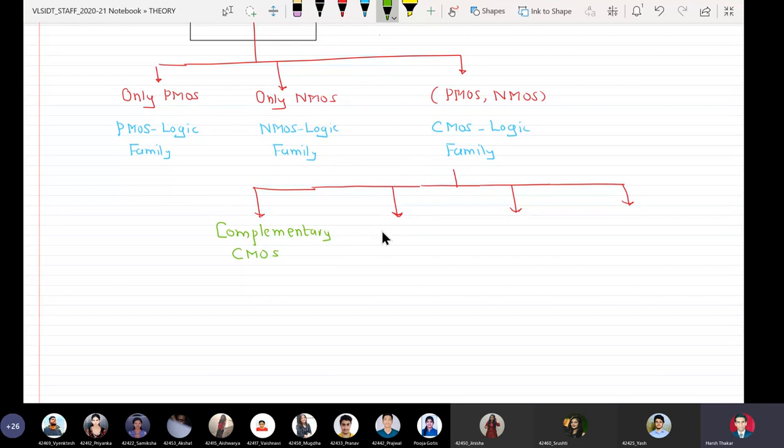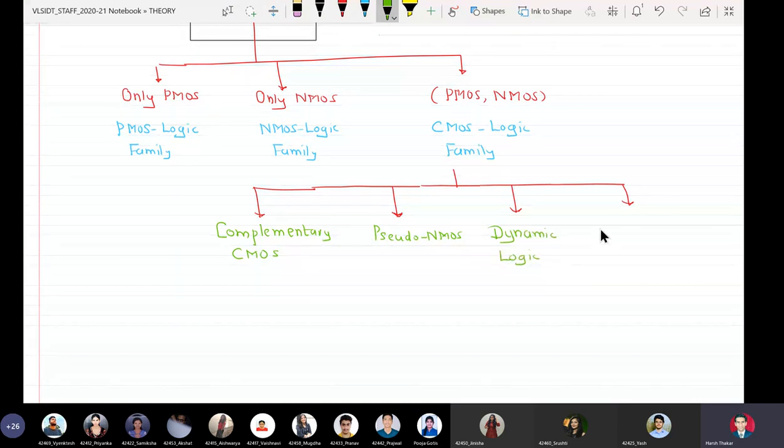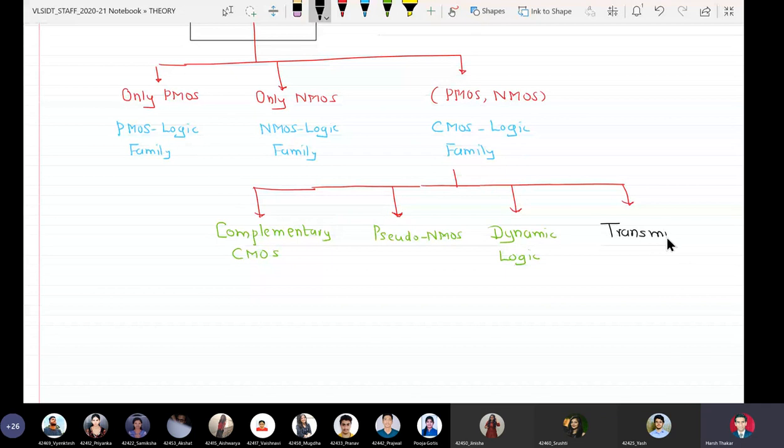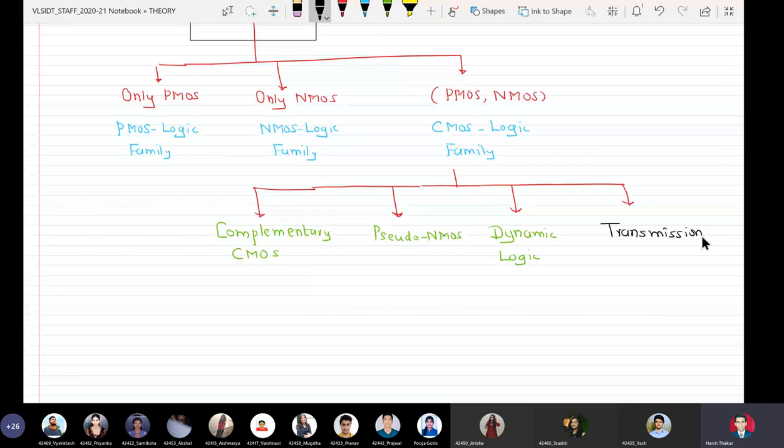Then we have pseudo NMOS. We have dynamic logic, and we have transmission gate logic family. Purposefully I have written transmission gate in black because that is a part of our syllabus.